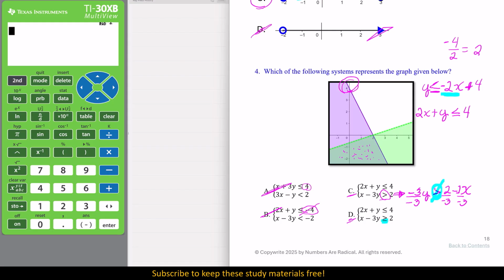Whenever we multiply or divide any inequality by a negative, it doesn't matter if we multiply or divide, then the inequality must be flipped around.